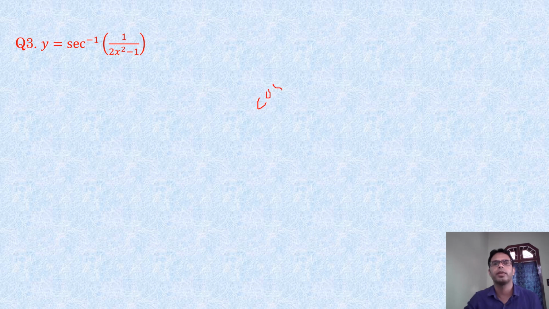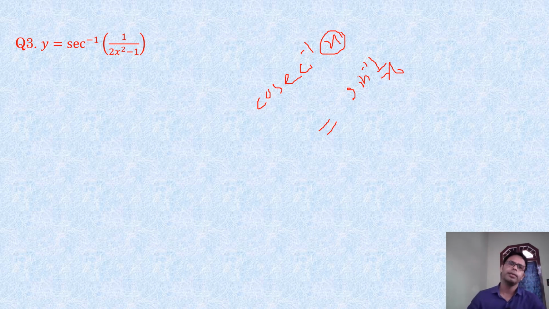If you have cosec inverse x, then you can write it as sin inverse of 1/x. For the inside term you write the reciprocal. If you have sin inverse x and want to write cosec inverse, you write 1/x inside.